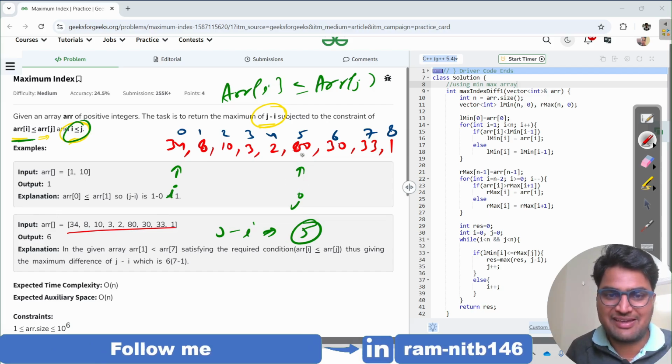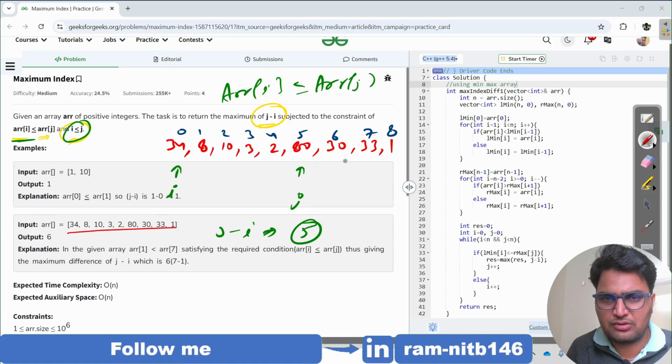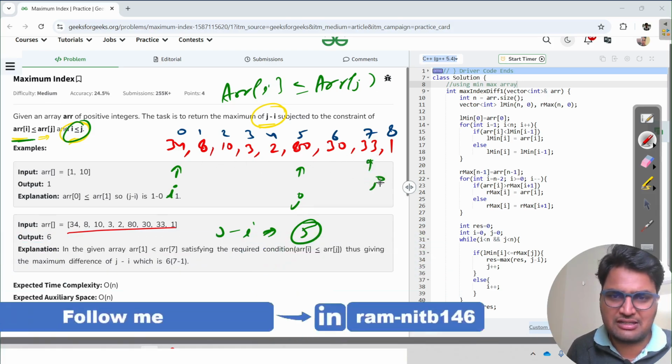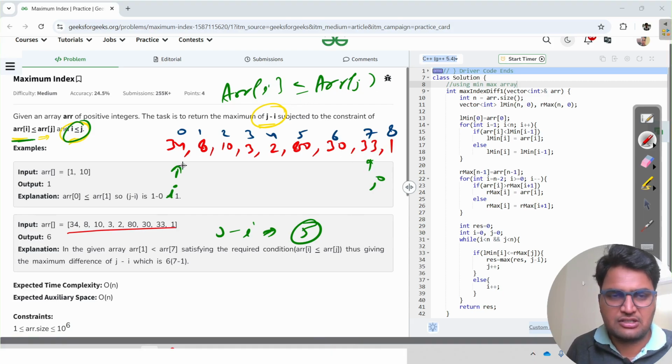Now can we maximize this result? Yes, we can. See here, if we consider this to be j, in that case this condition is failing. j is greater than i, but ARR of i is greater than ARR of j, so this is not less than ARR of j, correct? So this condition is failing.